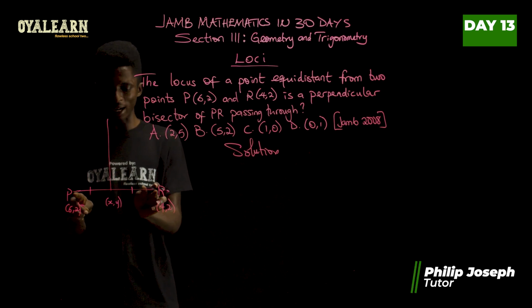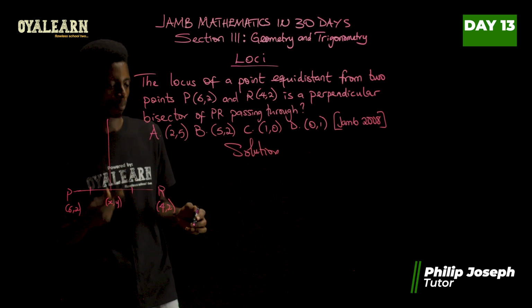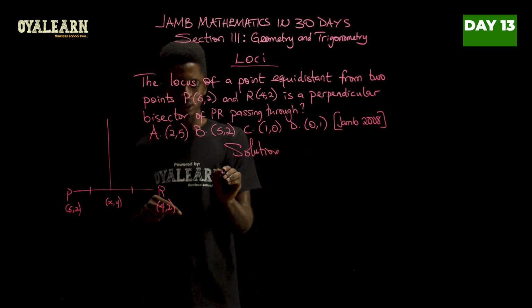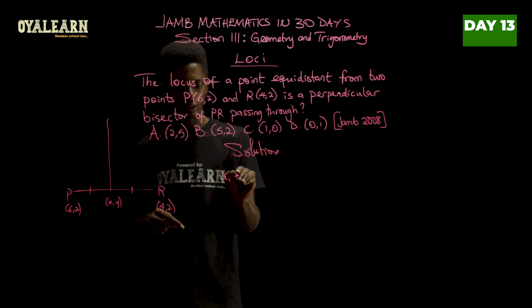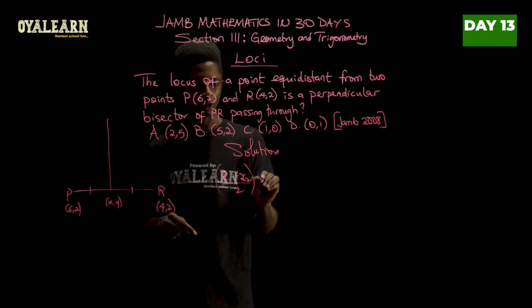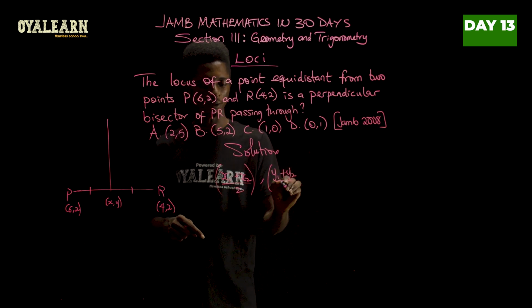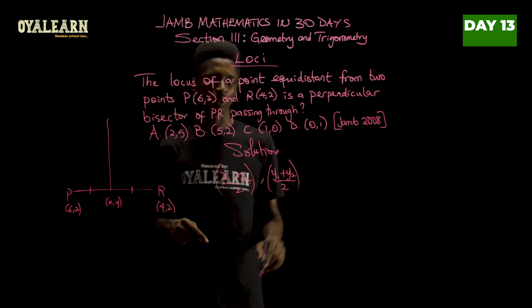Now, recall this divides into 2. So, to get that, we have to find the average of each point. So, to get that, we'll say x1 plus x2 divided by 2, comma, y1 plus y2 divided by 2.